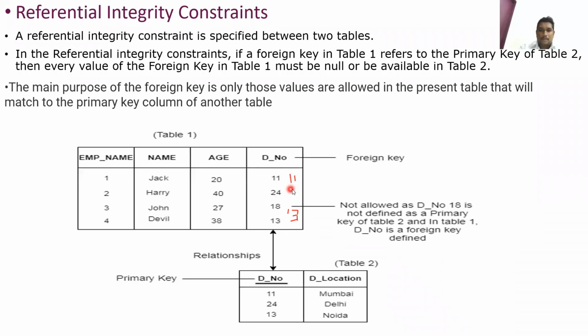Is it acceptable? Because department number in table 1 is not a primary key, but here it is a primary key. I hope you understand.